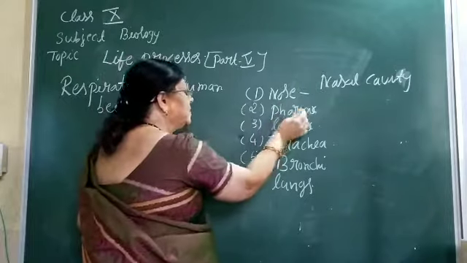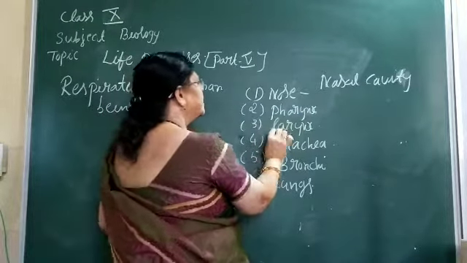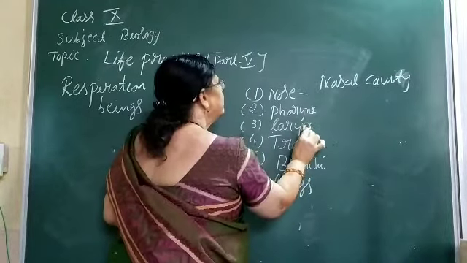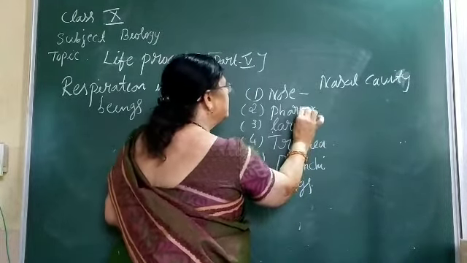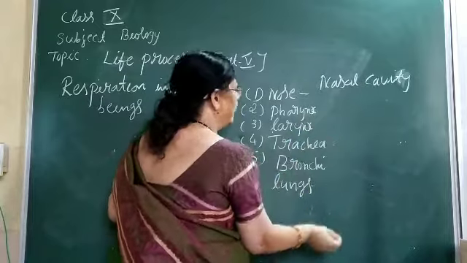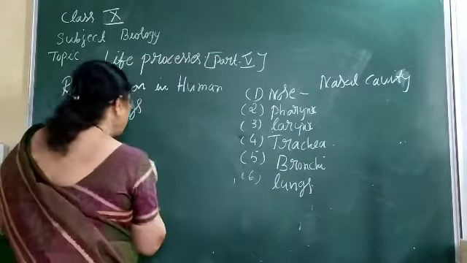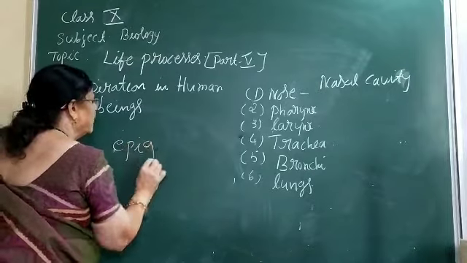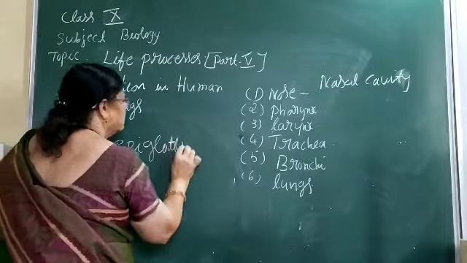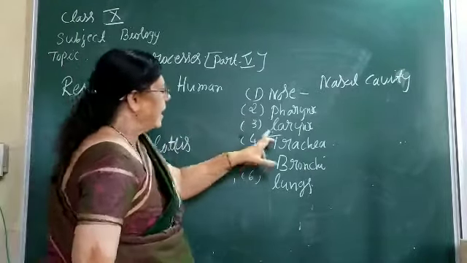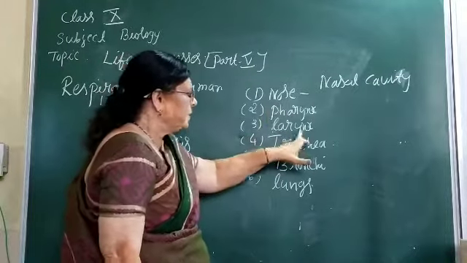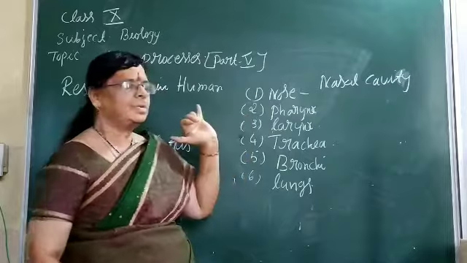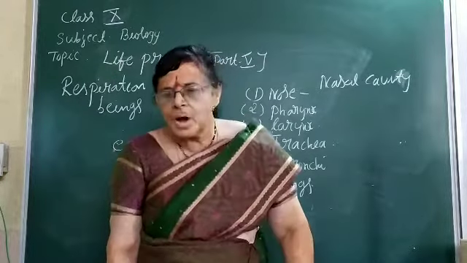Then the pharynx leads into the next part, called the larynx, where the pharynx opens into the larynx. There is one flap of connective tissue called the epiglottis. Another special feature of the larynx is that it is also called the voice box.